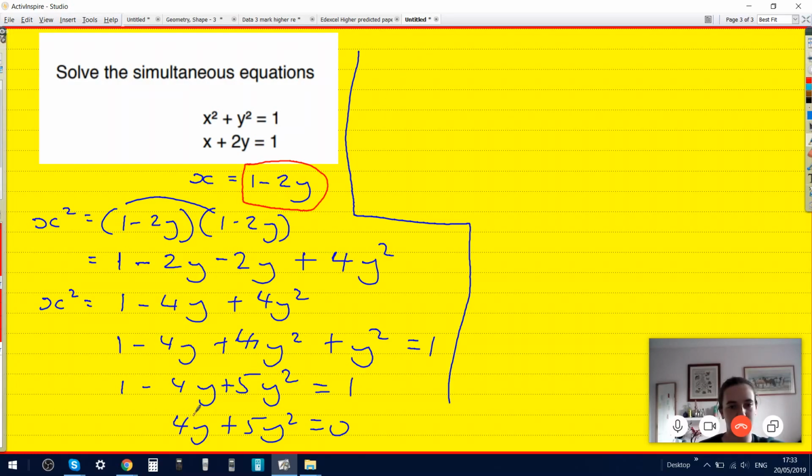You're thinking of 3 terms with nothing in common. That's double brackets. This is 2 terms with a common factor.